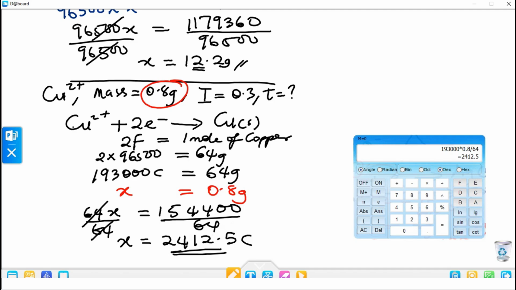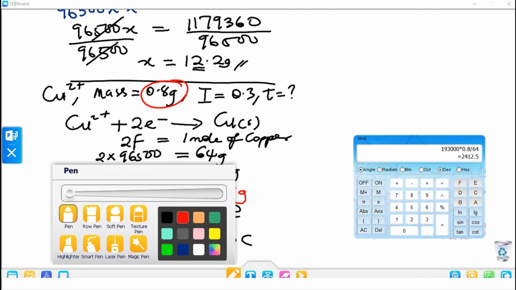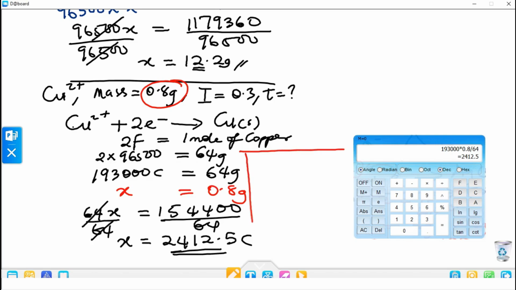So to get our time, that is the time for which this quantity of electricity passed through, is the next thing we ought to do. So how do we go about calculating it? Q is equal to IT, and our Q is just what we have solved for.